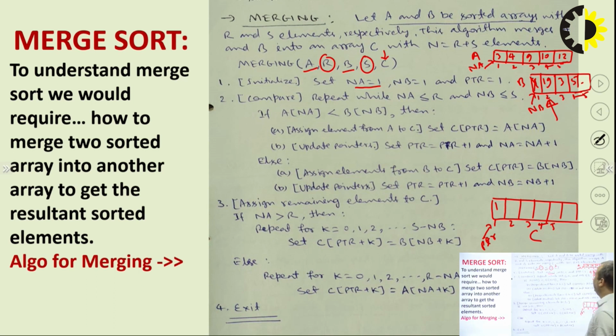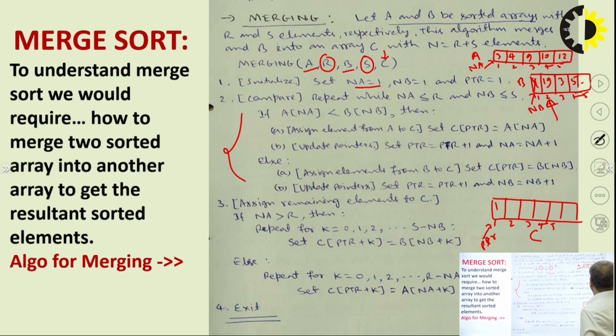Clear? So by this step, we assign value which is lesser out of this array into this resultant array, and again we increment NA and NB, which one will be lesser, pointer will move in that direction, right?